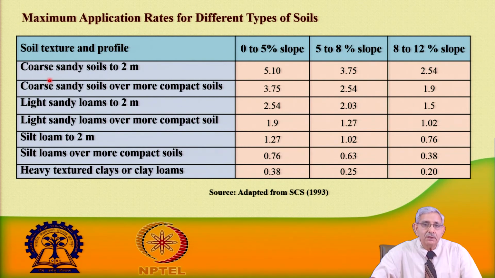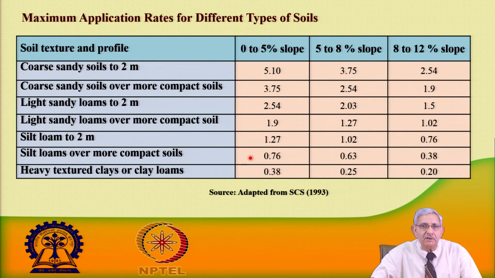If the soil is a coarse soil, let us say coarse sandy soil, then the application rate is given as 5.1 millimeter per hour. As the size of the soil particle reduces, when coming to the very fine texture soil, the application rate is decreasing.